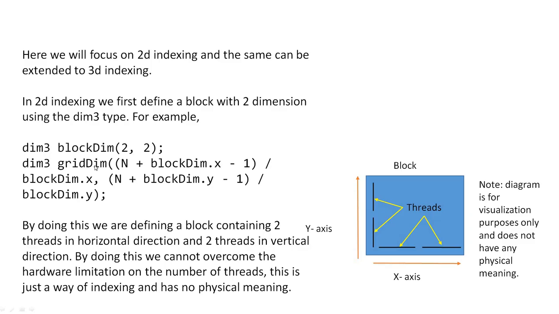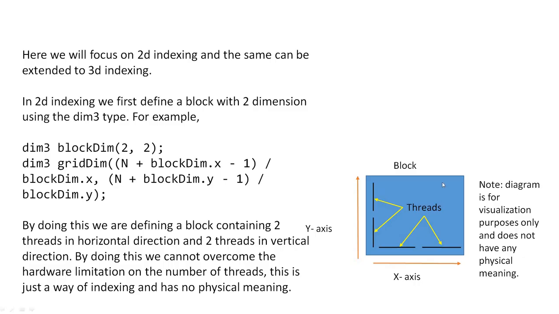In grid dimension, like in earlier videos, it was n plus m minus 1 divided by m. The same thing is replaced, m is replaced by block dim dot x. The difference is that here you have x and y, and by doing this we are defining a block containing 2 threads in the horizontal direction and 2 threads in the vertical direction.